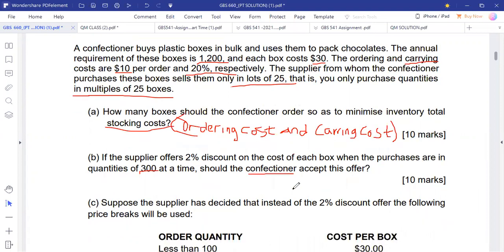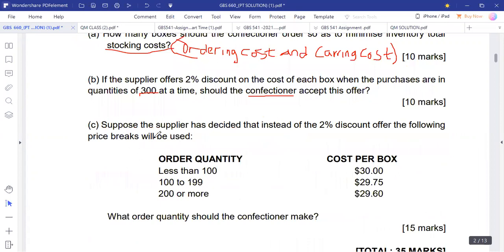Part C: suppose the supplier has decided that instead of a 2% discount, the following price breaks will be used. For an order quantity of less than 100, the cost per box is $30.